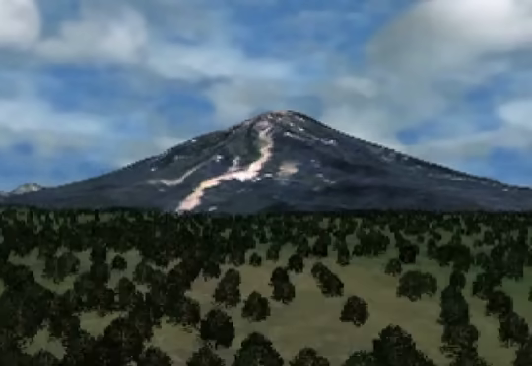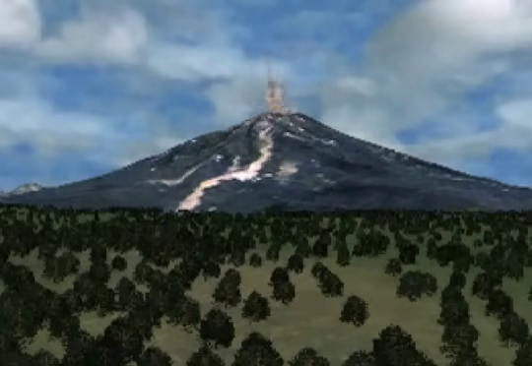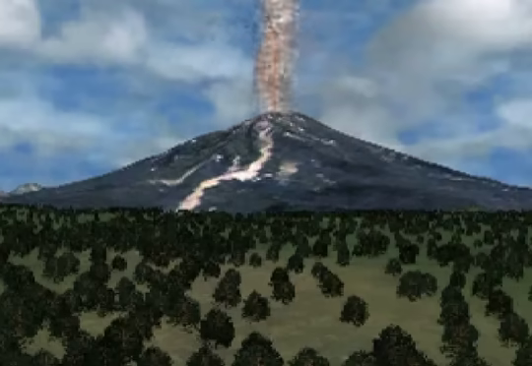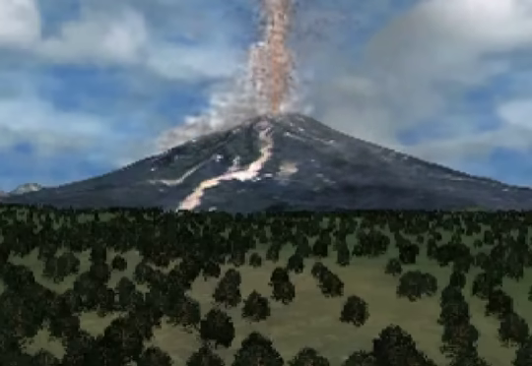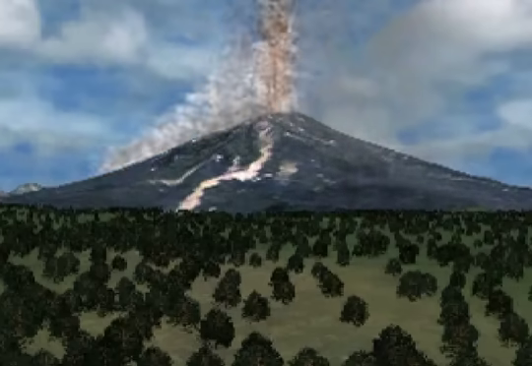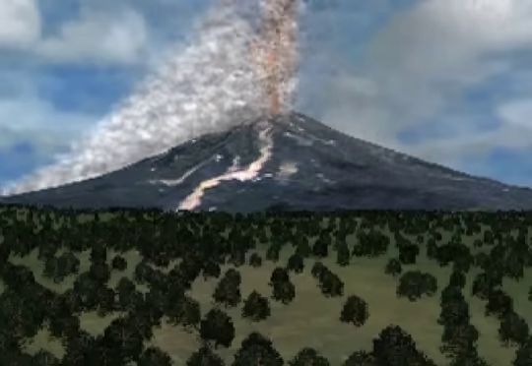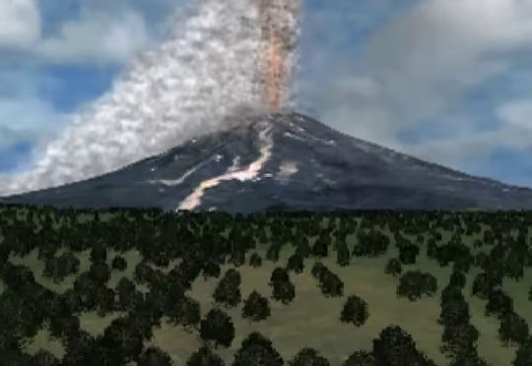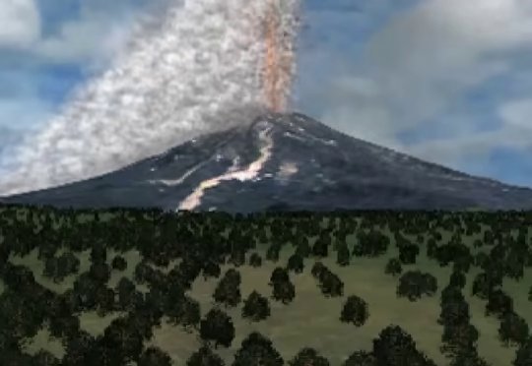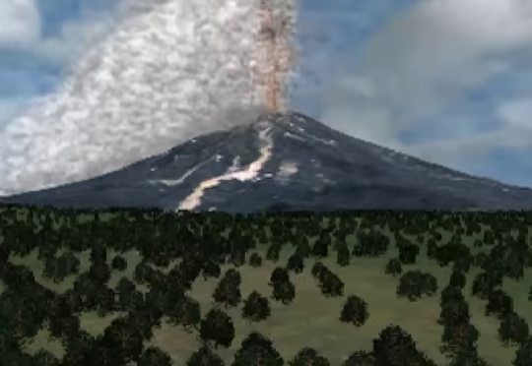The ejected pumice and ash fall back around the edges of the eruption column and feed hot clouds of pumice, ash, and gas that move rapidly down canyons on the volcano's flanks at speeds of up to 100 kilometers per hour. When most people think of a volcano, they envision a stratovolcano. Well-known examples are Mount Fuji in Japan and Mount Rainier in Washington State.